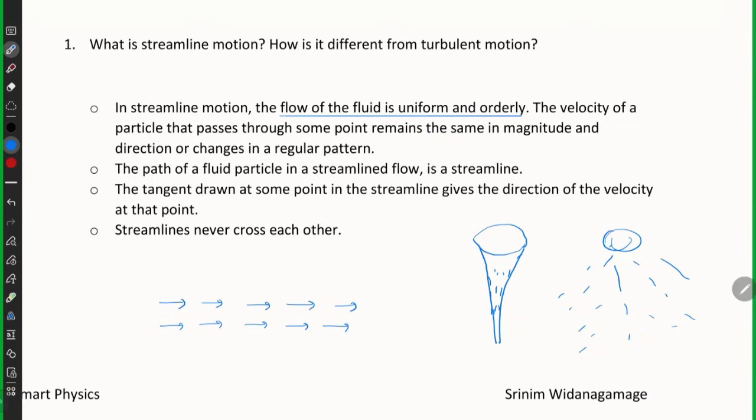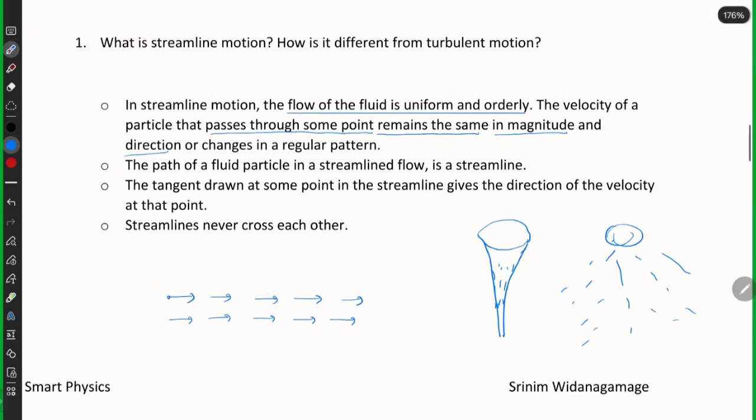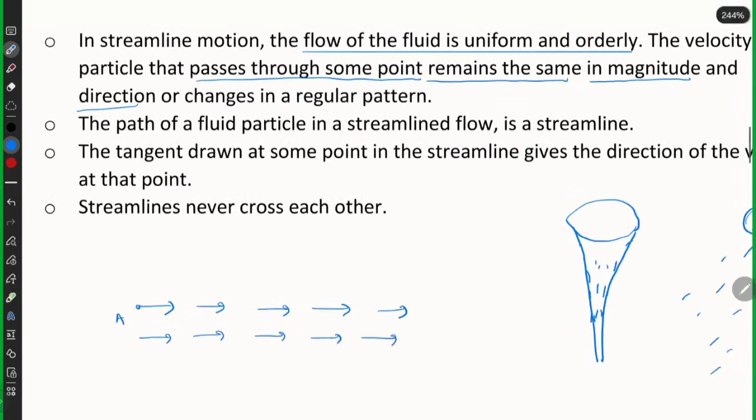So the velocity of a particle that passes through some point remains the same in terms of magnitude and direction. So let's say this is the point A that we're interested in. The direction and the speed of that particle, or the velocity at that particular point, remains the same, right?